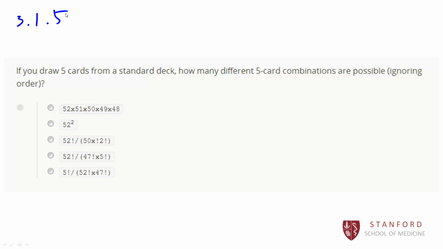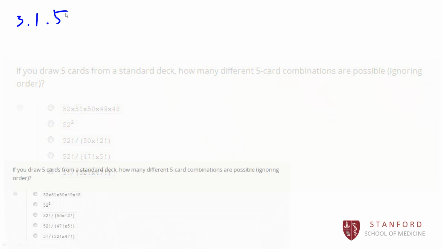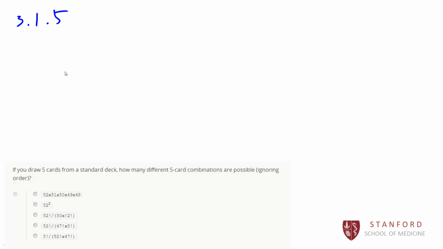So this question is asking us about how many different 5-card combinations are possible if you draw 5 cards from a standard deck. And the question specifically clarifies that you do not care about order. So in this situation, you can directly apply the choosing function. Okay, the choosing function, the formula for that is n factorial over n minus r factorial times r factorial.